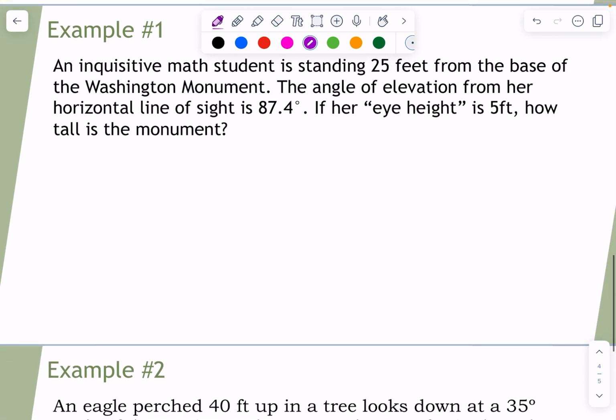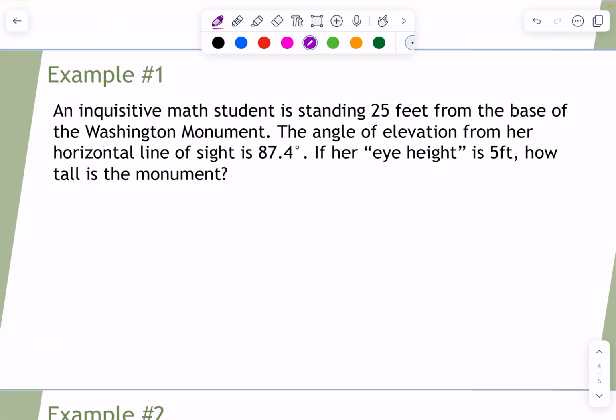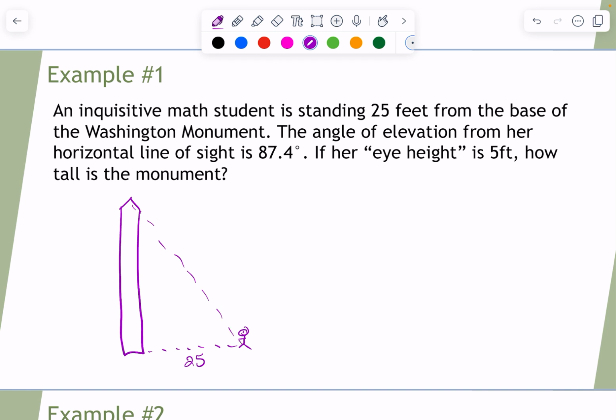Okay, so let's try one. It says, an inquisitive math student is standing 25 feet from the base of the Washington Monument. So here is our Washington Monument. And then 25 feet away, we have our student. And they are looking up at the top, and the angle of elevation from her horizontal line of sight is 87.4 degrees.